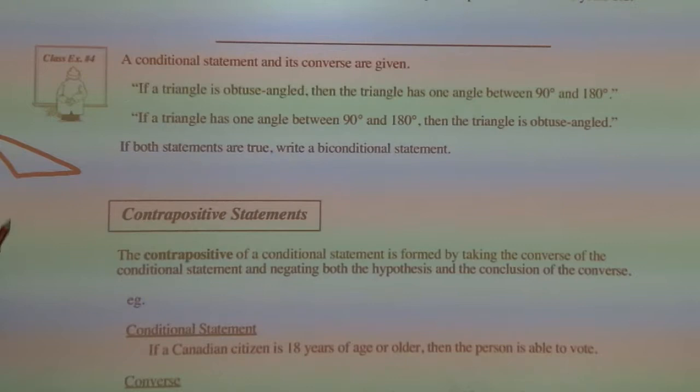No. Because if I had, let's say this one was 100 degrees, what is the sum of these two angles have to be? 80. It has to be no more than 80 because the sum of the angles in a triangle is 180. So I can't have more than 80 degrees, which is less than 90. So these two angles cannot be obtuse.